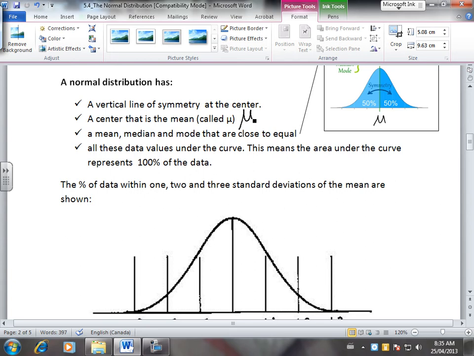So that center line is the mean. And then in a normally distributed bell curve, the mean, median, and mode are all very close values to each other. They all fall under the curve, and then when they all fall under the curve, it means there are no outliers. All of the data, 100% of the data, will fall underneath the curve.